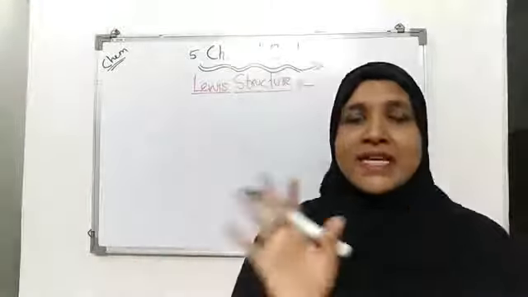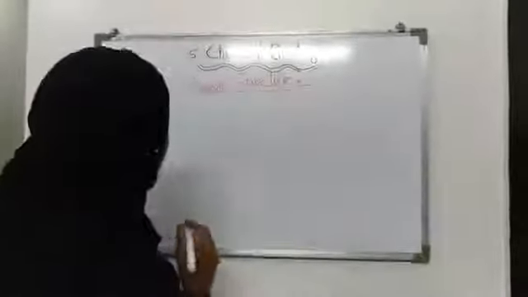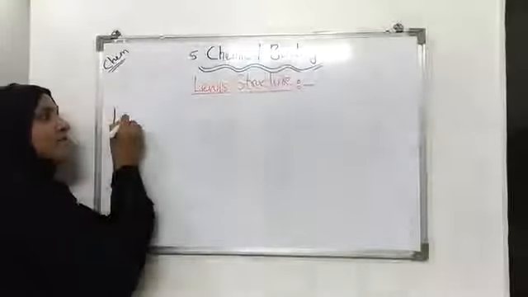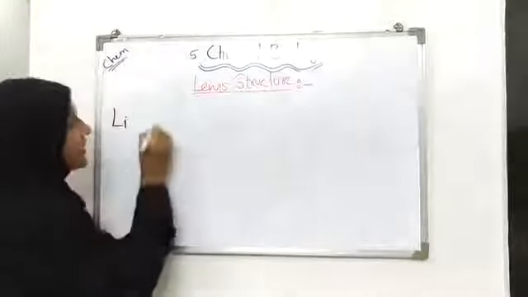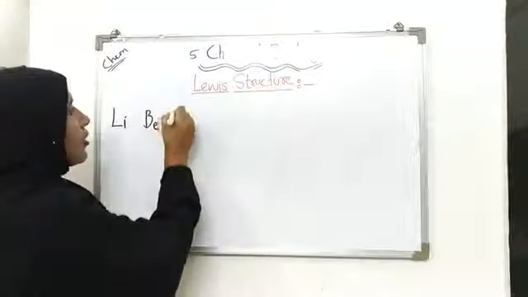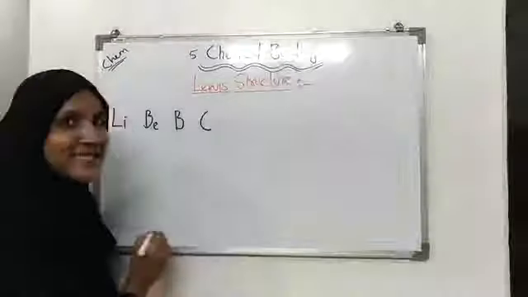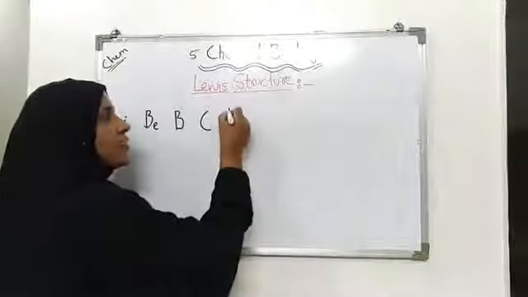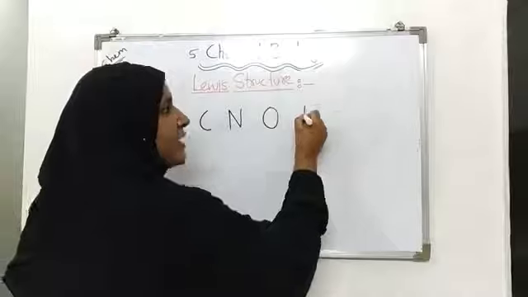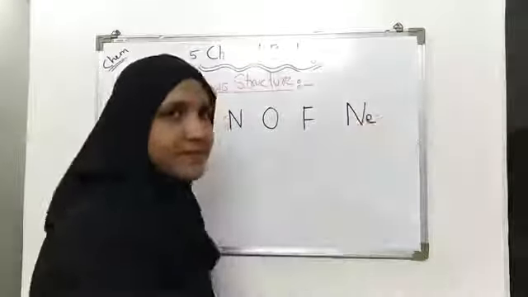Okay? So let's take the second period. The second period starts with lithium. Lithium's atomic number is 3. Then comes beryllium 4, boron 5, carbon 6, nitrogen 7, oxygen 8, fluorine 9 and neon 10.